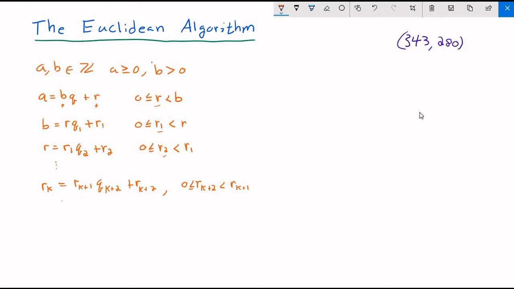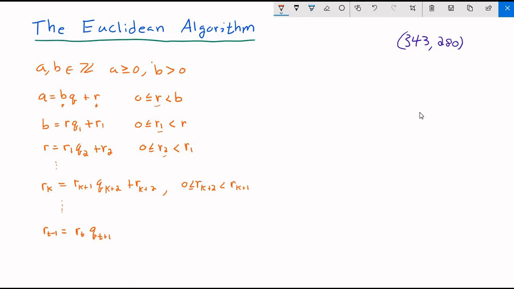And so the point of this theorem is that eventually this pattern bottoms out and we get to a point where we have some t, so that r sub t minus 1 will be equal to r sub t multiplied by q sub t plus 1, and the remainder is going to be 0 in this case.